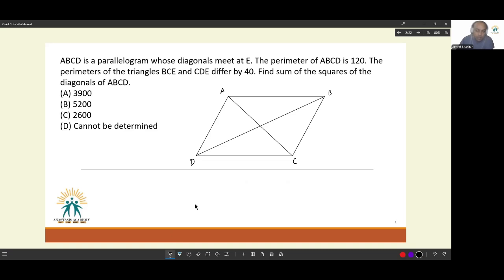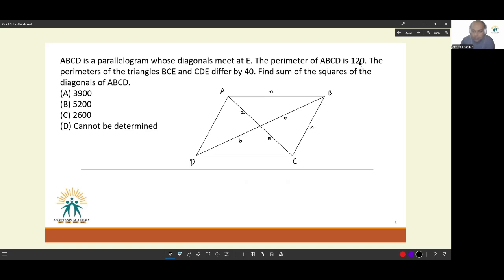For a parallelogram, I know that their diagonals are bisected. So if this length is A, this length is A, and if this length is B, this length is B. Additionally, I'm taking this length as M and this length as N. AB is M and BC is N, which should mean AD is also N and DC is M.